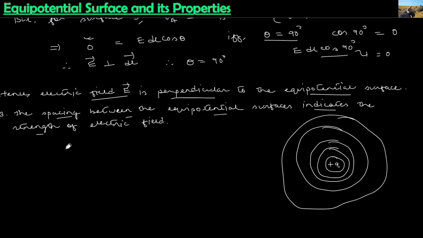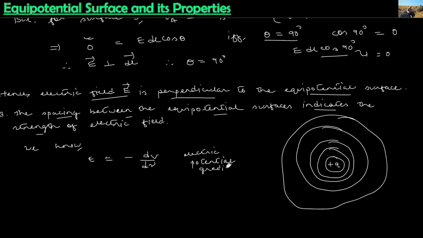We know that there is a relation between the electric field and its corresponding electric potential. This electric field we have learned is defined as the gradient, dV by dr. This is our electric potential gradient.